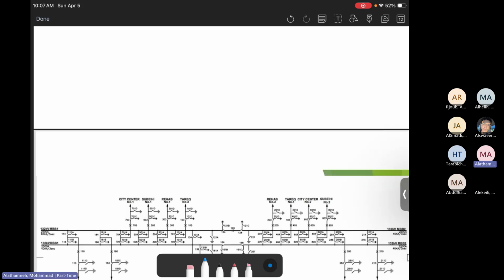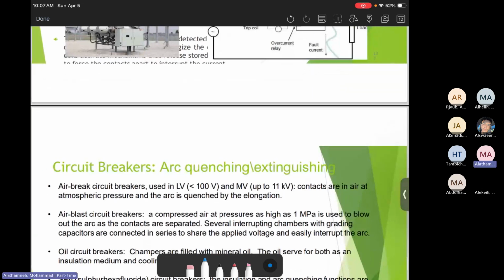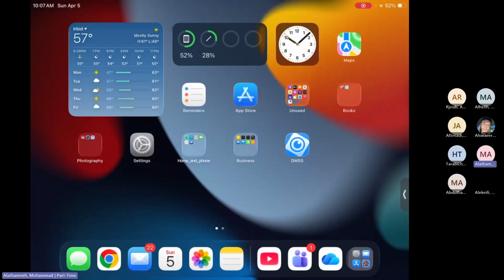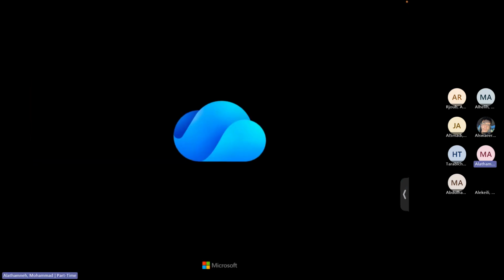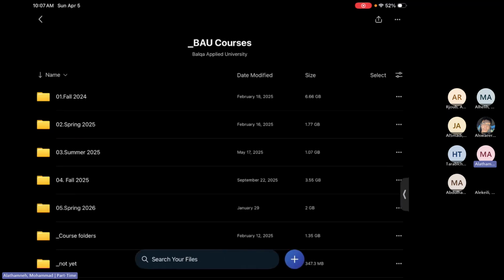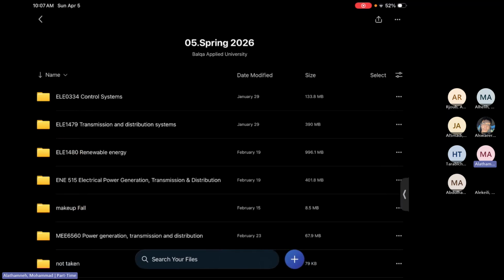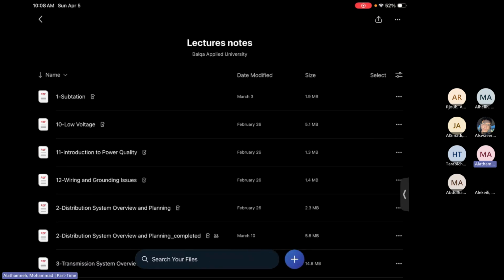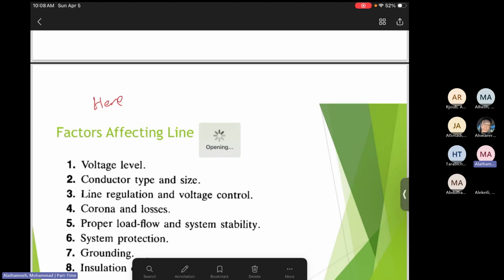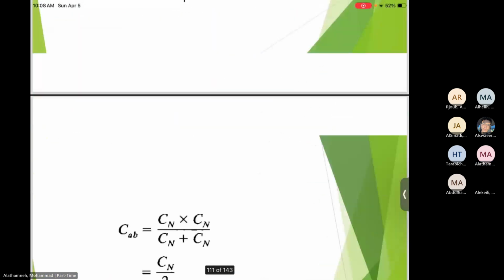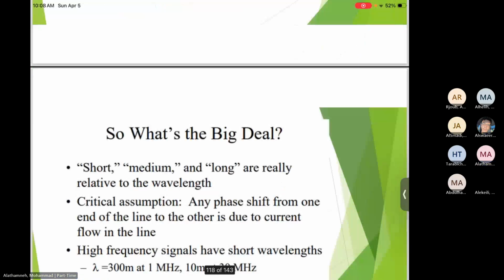Well, I'm sorry, there's something wrong here. Let me do it again. The isolators are not available on medium voltage or low voltage.